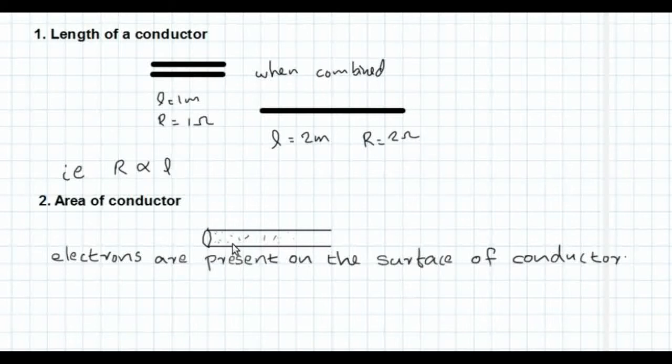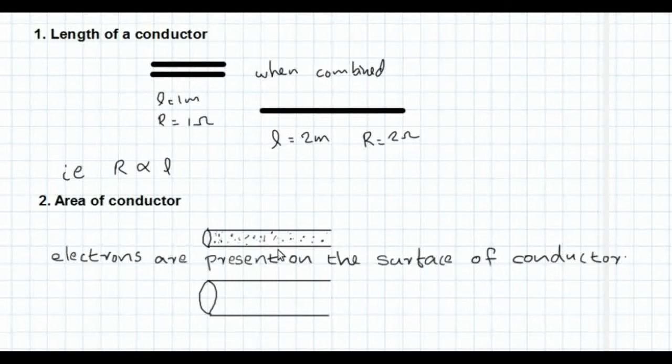So a uniform distribution of free electrons is made on the surface of this conductor. All the dots represent the free electrons, and all these free electrons are present on the surface of the conductor, not in the interior of the conductor.